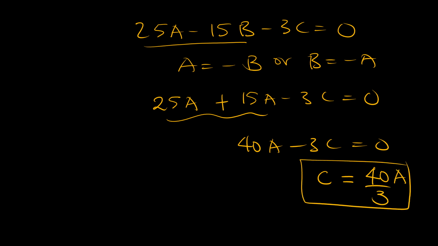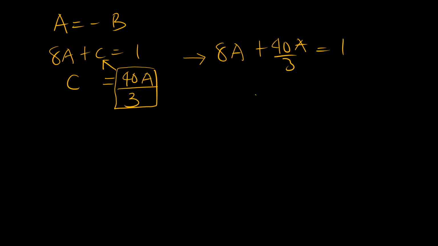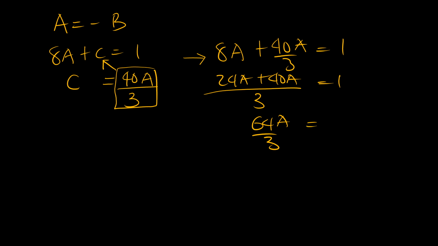Right? So we're going to now summarize a few things. We saw that a is equal to negative b. We saw 8a plus c equals 1. And we also saw that c was equal to 40a over 3. So we can go ahead and substitute this here, so that 8a plus 40a over 3 equals 1, which means that if 3 is the common denominator, we have 24a plus 40a equals 3. That means 64a equals 3, meaning that a is equal to 3 over 64.